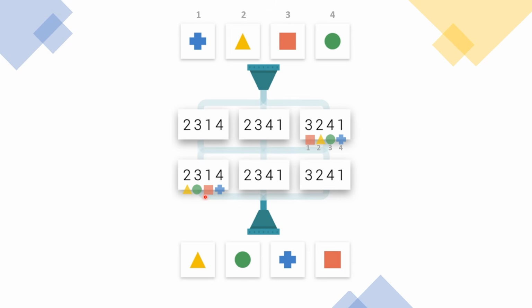So again, we compare it to the result we expect, and we see it's getting close, but it's not quite right. You have a square and then you have a cross in the third place. So then we move on to the next one, which is 2, 3, 4, 1. So 2 is the triangle, 3 is the circle, 4 is the cross, and 1 is the square.